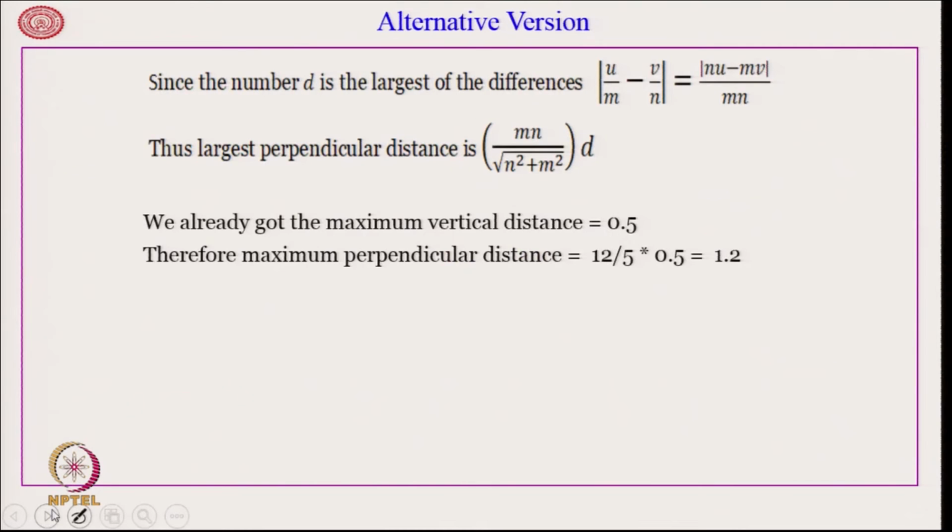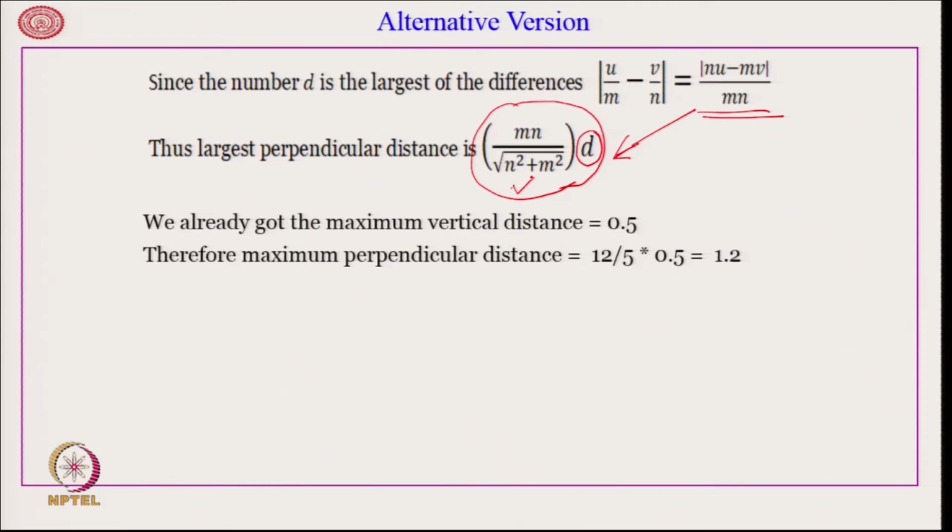Since the number d is the largest of the difference n u minus m v upon m n that we have seen, we can now very easily correlate the perpendicular distance with this by writing that the largest perpendicular distance is going to be m n upon root over n square plus m square multiplied by d. Therefore, perpendicular distance is also a multiple of d, where the multiplier is m n upon root over n square plus m square.